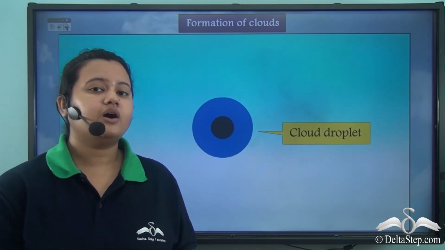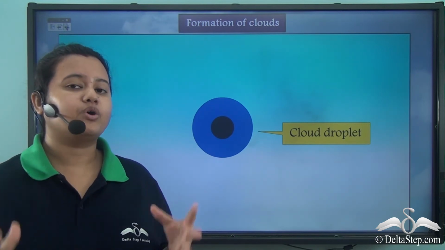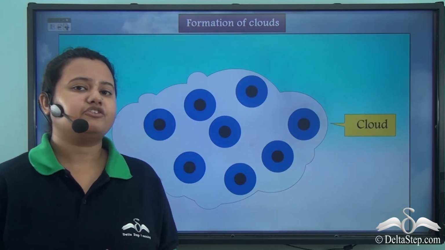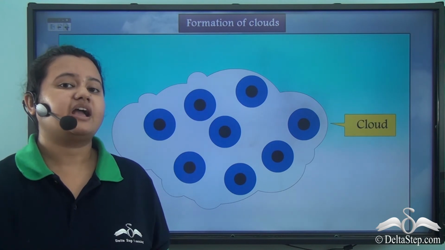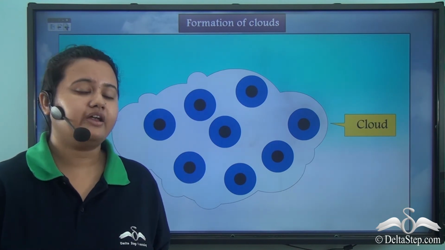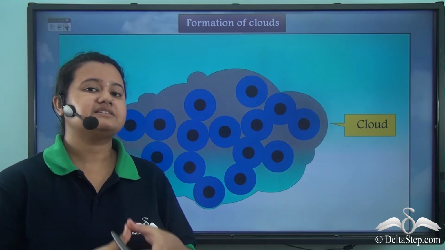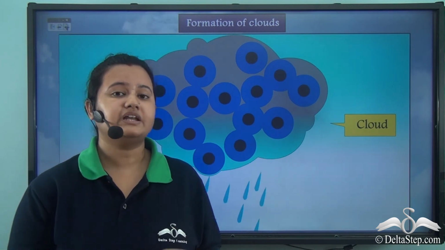Now a cloud droplet grows in size when other water drops join it, and eventually they form heavy, dark, dense clouds. When they are too heavy for the air to hold them, they eventually come down as rain. So this is how clouds are formed in nature.